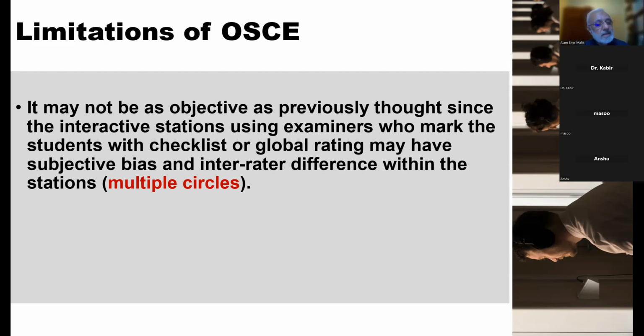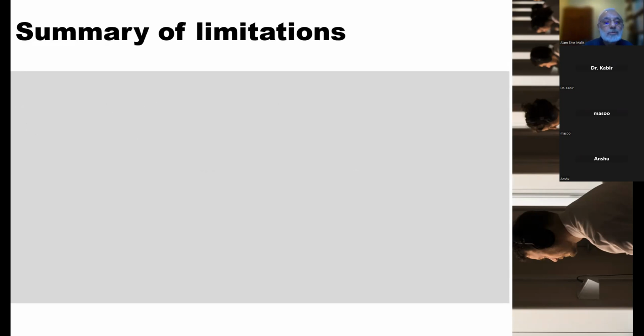This means that the original concept that each student would be examined by the same examiner would not be there. Each circle would have separate examiners, so in that way the objectivity is compromised to some extent.